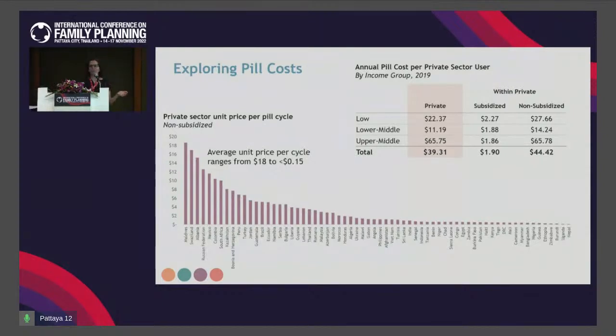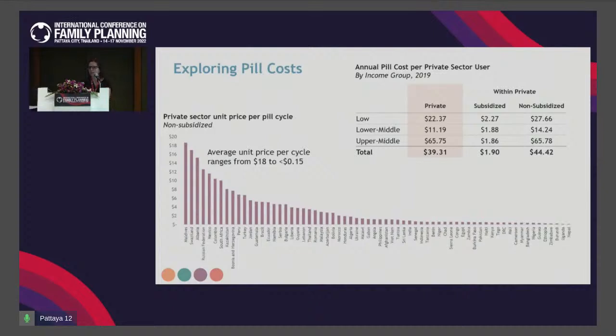Again, we know there's huge diversity in pill markets. There's different types of pills. There's places where you have local manufacturing and more generics available and places where you don't. So a lot of complexities that go into this wide variation, but also just to note that this leads to some real discrepancies and differences in terms of what does it look like to be able to afford contraceptive pills through private sector outlets.